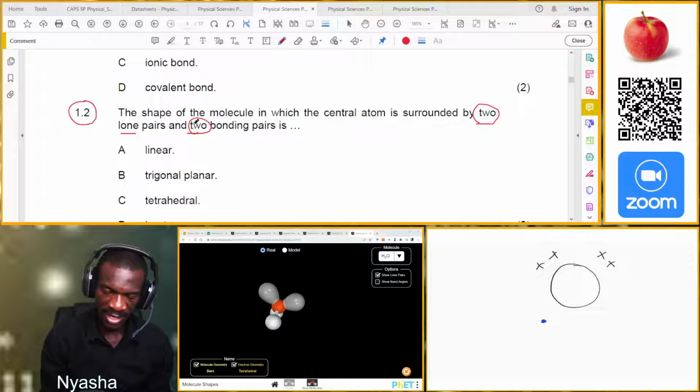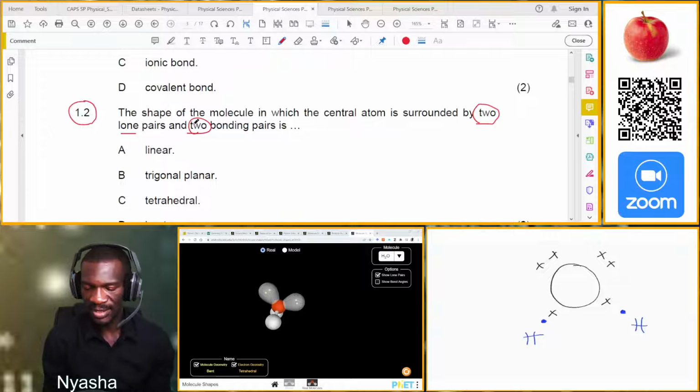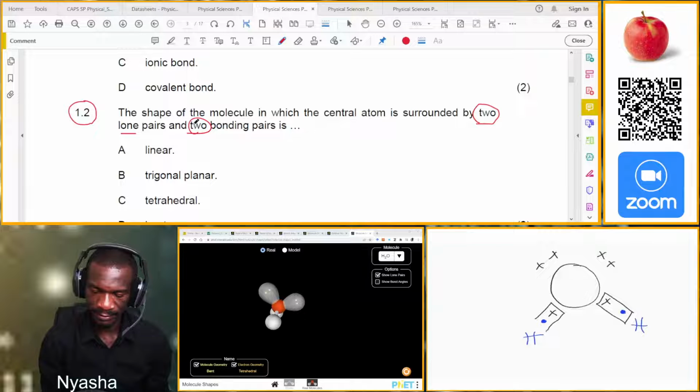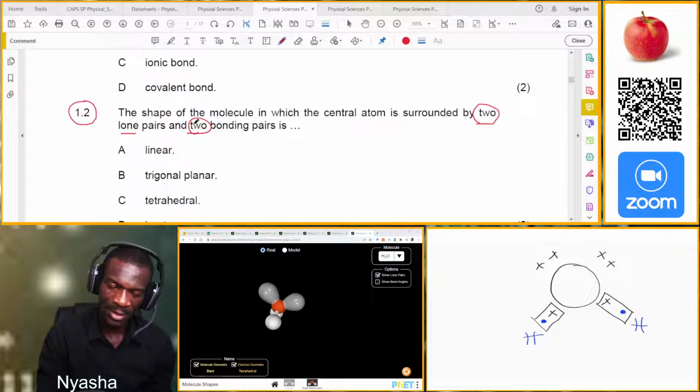This is a bonding pair with one of the hydrogens. This is a bonding pair with the other hydrogen. So this is our bonding pair, and then this is our lone pair.